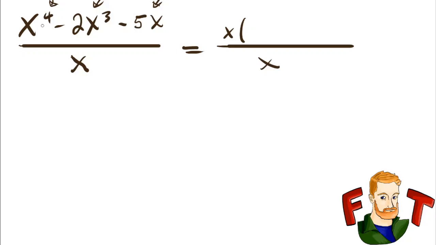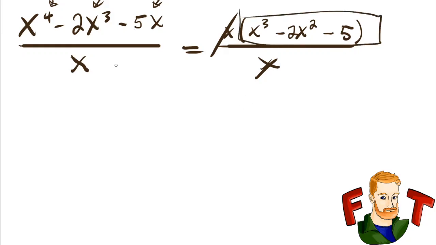So x to the fourth divided by x is x to the third. 2x to the third divided by x is 2x squared. 5x divided by x is just 5. The x's cancel out, and there's the answer. Also, x cannot equal 0.